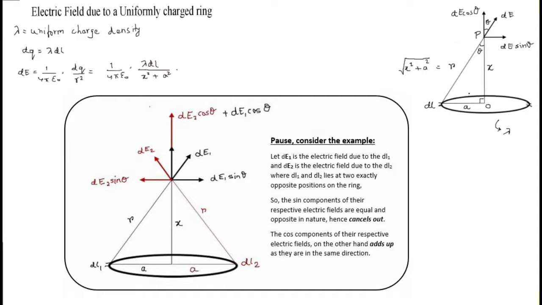So for every small length dl, the sine components will cancel due to its opposite part, and what is left is only the cos component, right? So the resultant electric field due to any small section in a ring is only its cos component. Sine components get cancelled out with the opposite component.